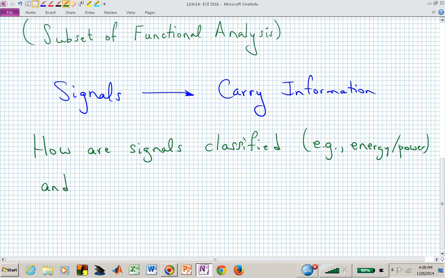And once we have them classified, we also might want to know how are these signals represented.